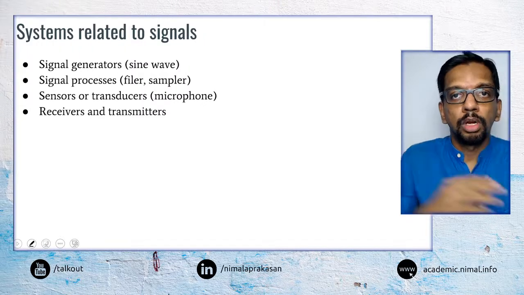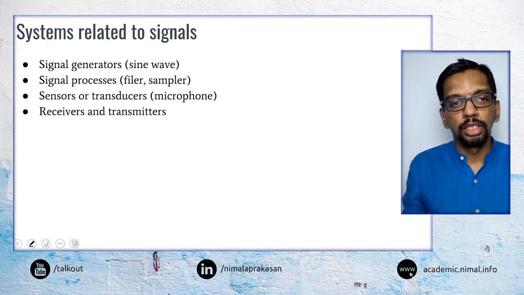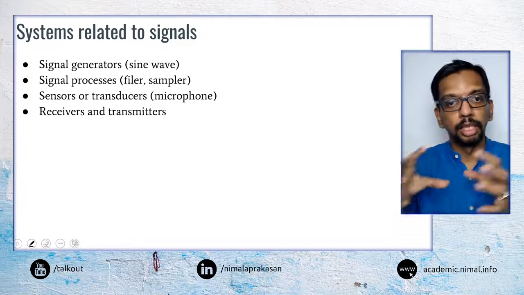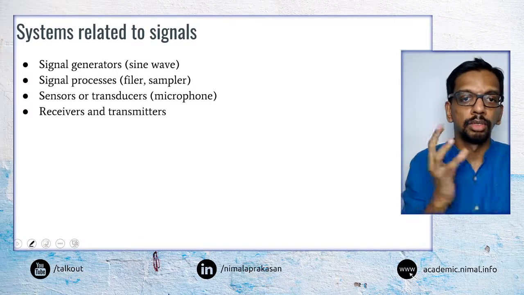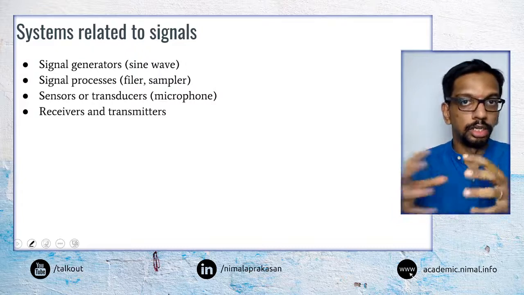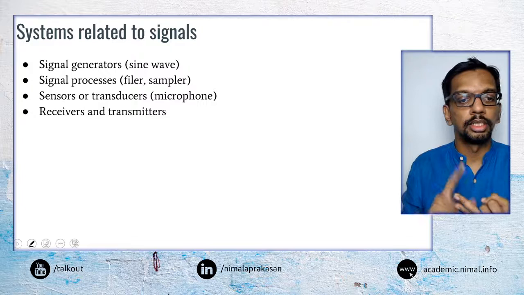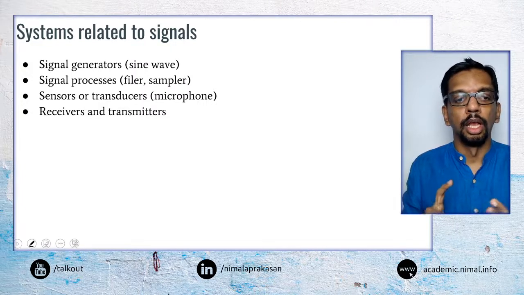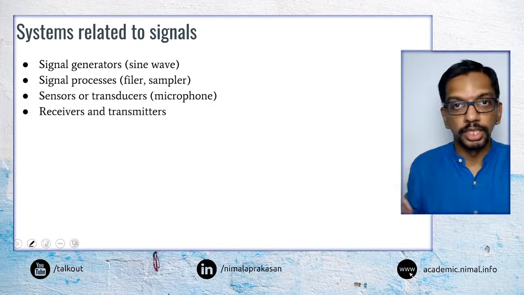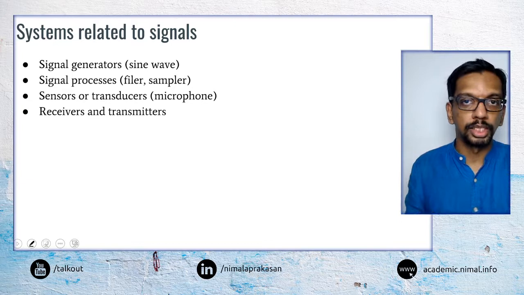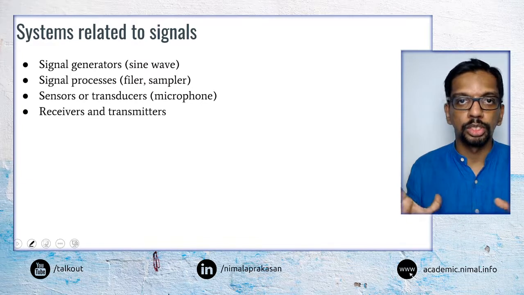Then when we think about other things that we will be covering in this course, we will also be discussing other systems that are related to control systems or related to signal processing. So things like signal generators, signal processors, sensors, and receivers and transmitters. We will cover some of these other systems as well, not just control systems.